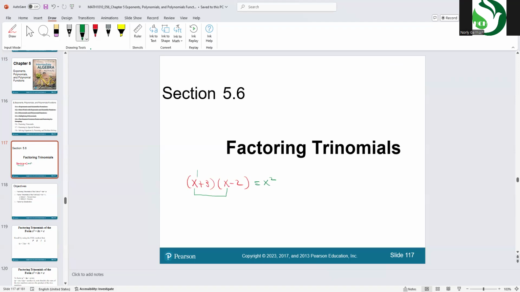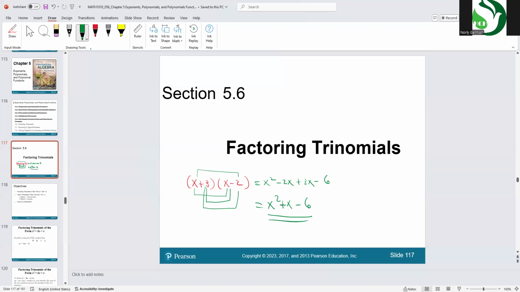And we multiply the outer, that gives you negative 2x. We multiply the inner, which gives 3x, and we multiply the last, that gives us negative 6. So when you simplify, it gives you x squared plus x minus 6.